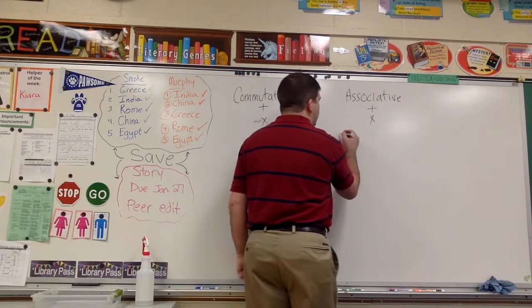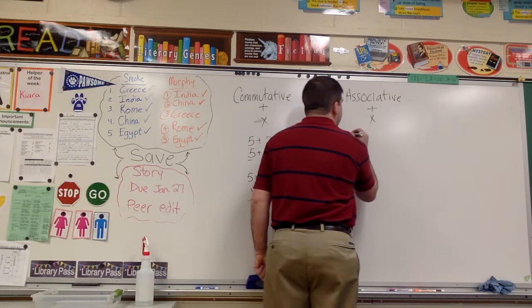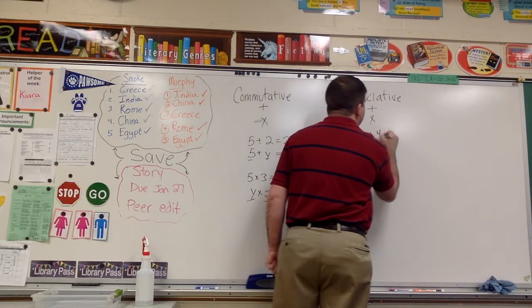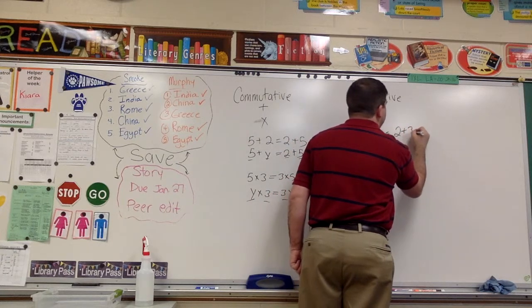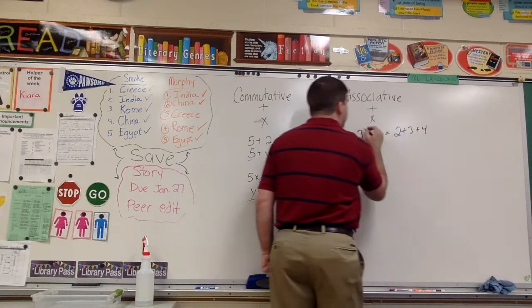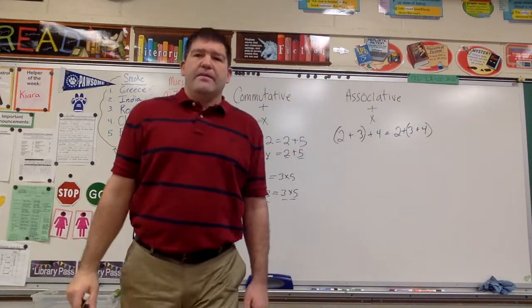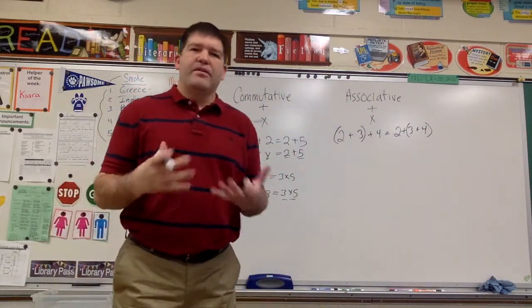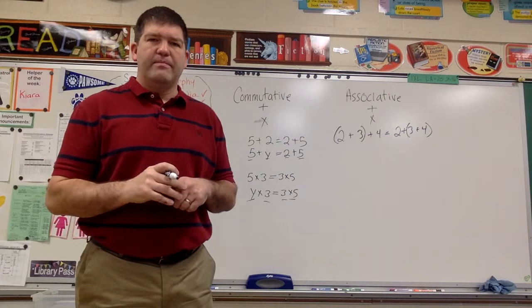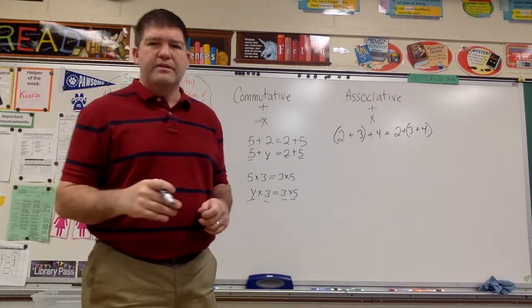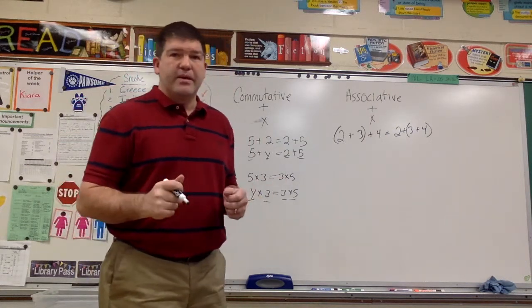So this is saying 2 plus 3 plus 4 equals 2 plus 3 plus 4. And I'm going to group these together first, and then I'm going to group those together on that side. What this says is it doesn't matter how the groupings are. If it's all addition, you're going to get the same answer.